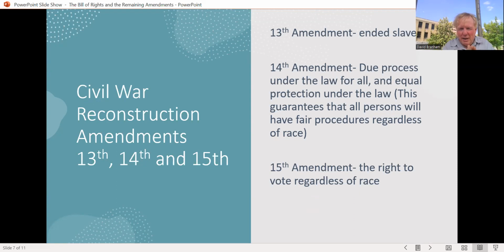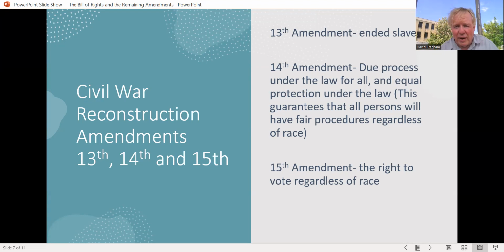Now, the 13th and the 15th amendment were placed in the Constitution because the Constitution needed to make plain statements on facts. Did they need to be there? They didn't need to be there technically if the 14th Amendment was there. There was no reason for them to be there except that they want to state loud and clear, one, that slavery's over.